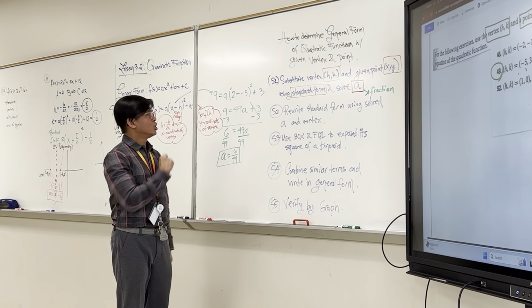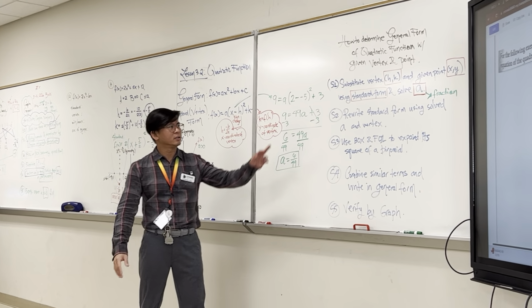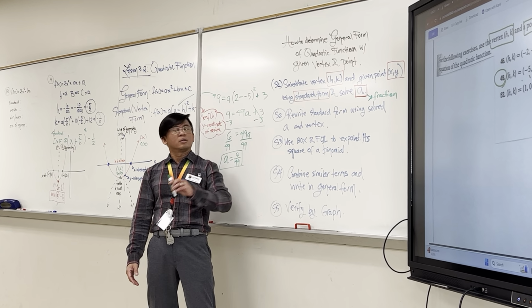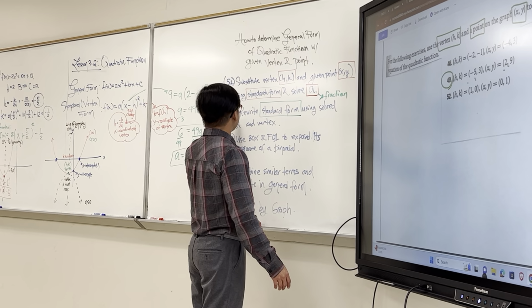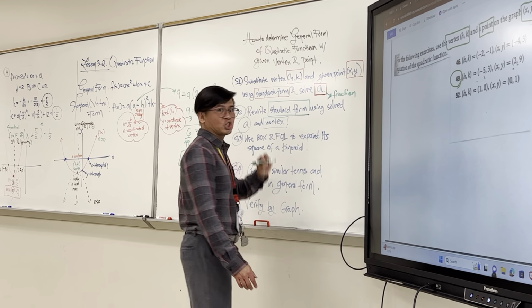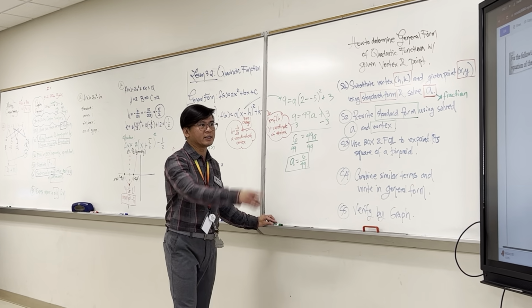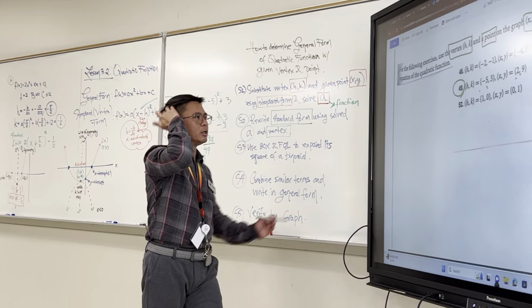Step number 2. Okay, we need to rewrite something in there. Malik, go ahead. Rewrite standard form using solved a and vertex. All right, so we're going to rewrite the standard form once again using the a and the given (h, k) or vertex. Are we good? Right. So with that being said, let me follow it up in here on our notes.